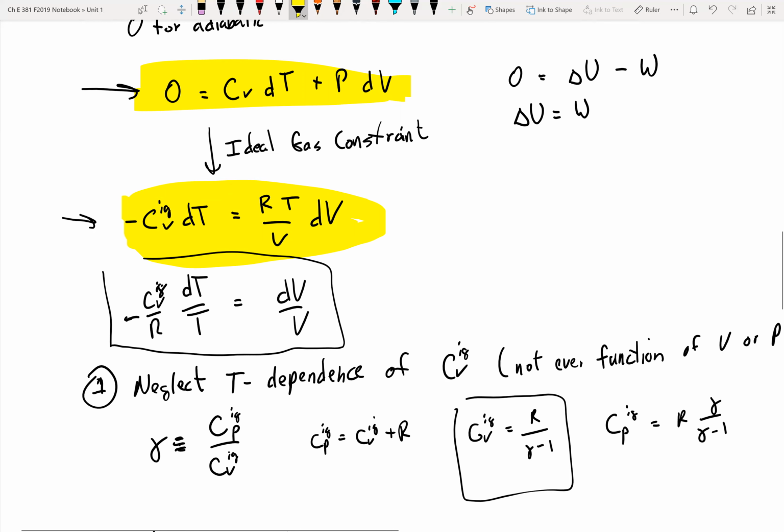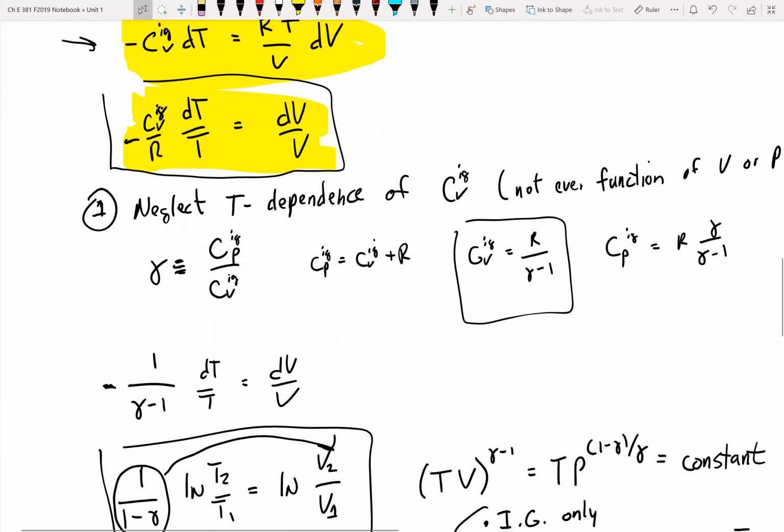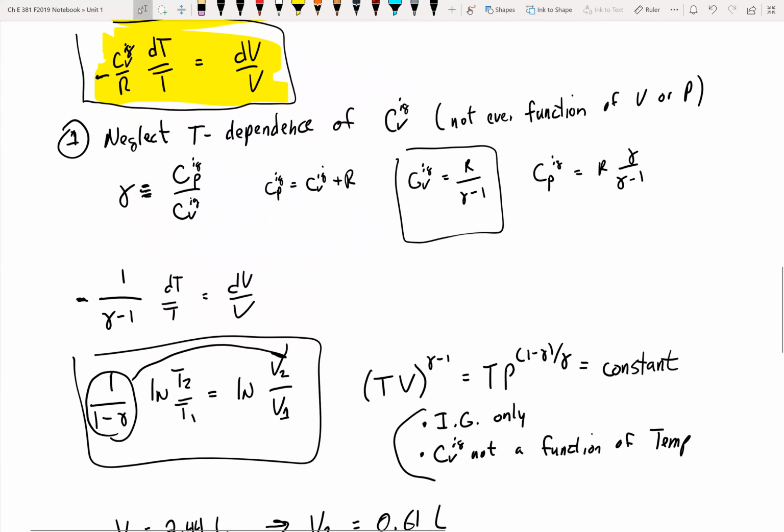And this boxed equation right here is all ready to go integration wise. The only catch here is that the CV term is temperature dependent. And if you want to go any further with an analytical result, you've got to assume that it's not. And so that's where we started with solving this thing.